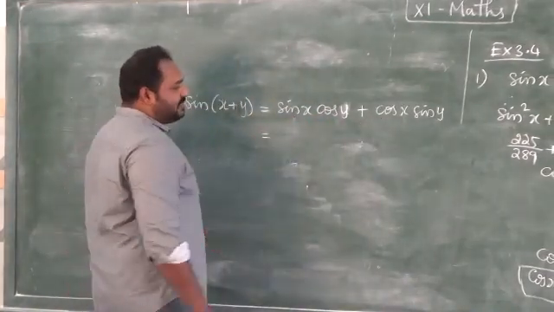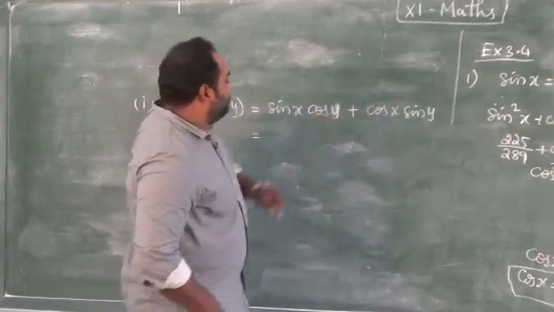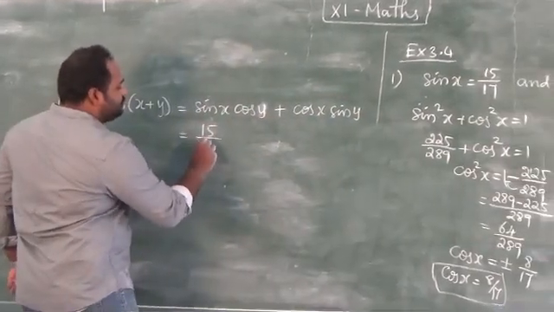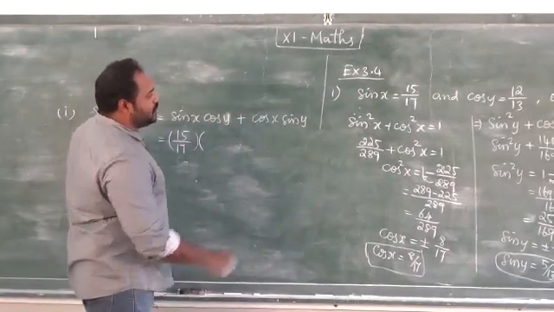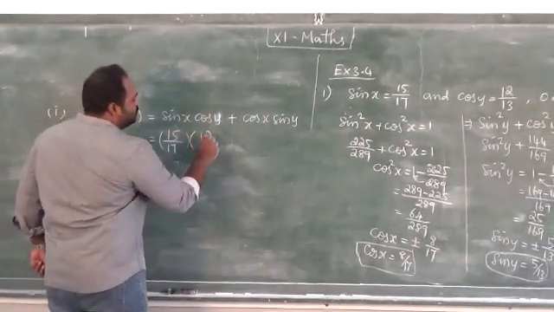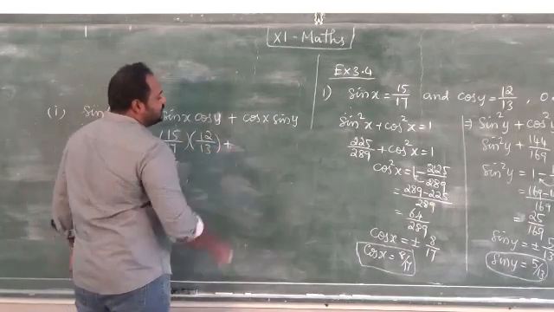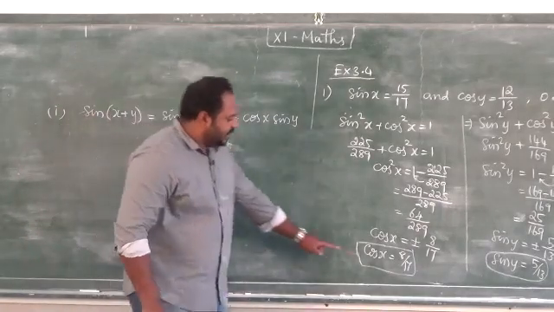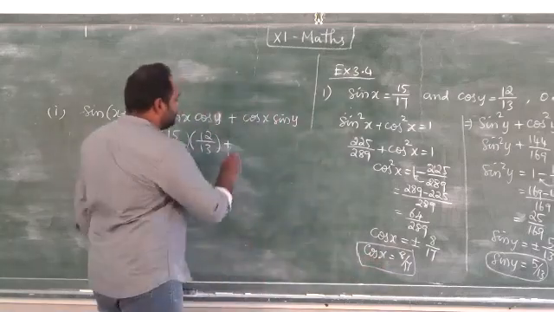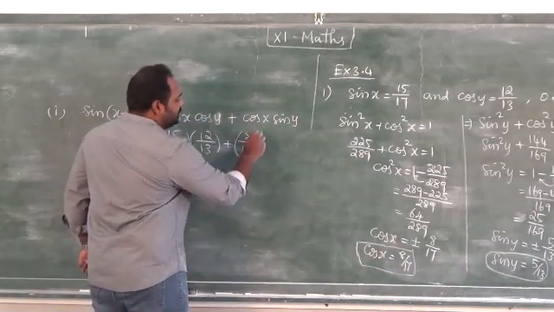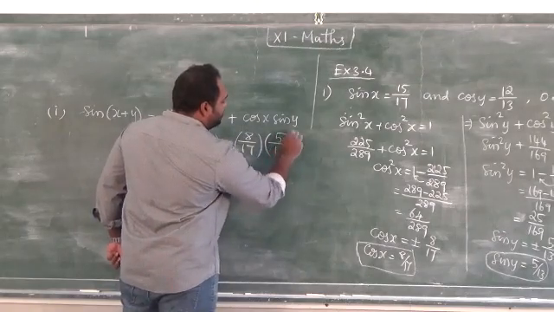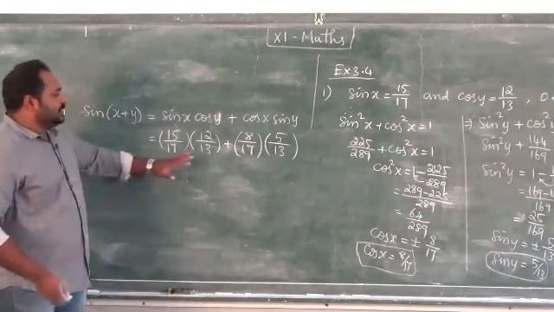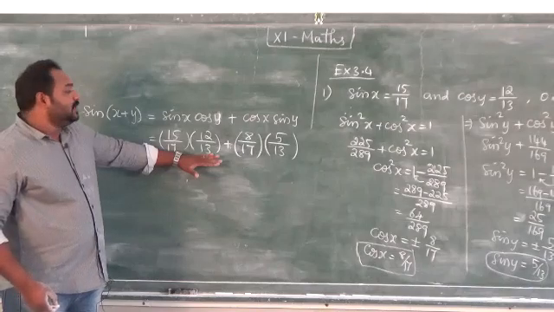Here the sin x value is given, 15 by 17, into the cos y value, which is also given, 12 by 13, plus cos x, which we found as 8 by 17, into sin y, which we found as 5 by 13. Now if you solve this step by step, we can get the required answer.